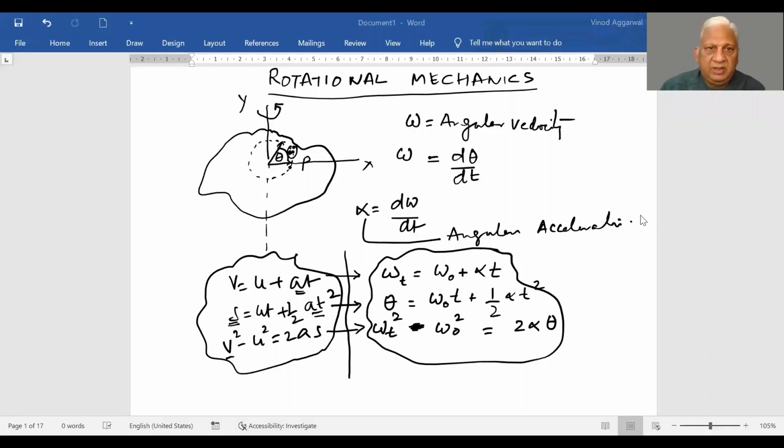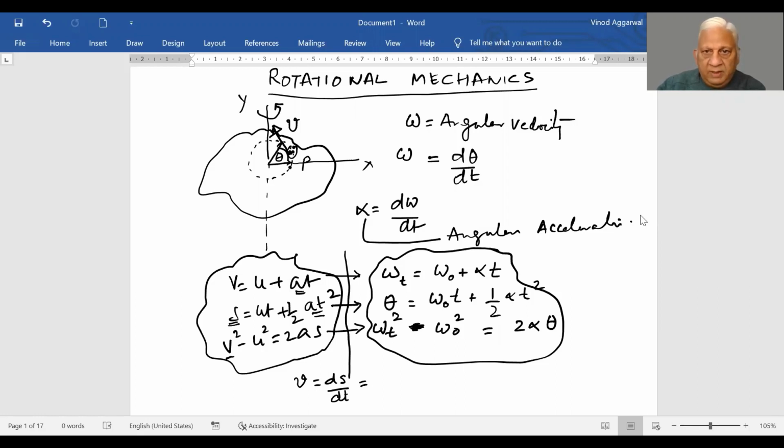Now, relationship between linear velocity and angular velocity. Let's see, this point P is moving with velocity v. Then we know that velocity is defined as rate of change of distance, right?